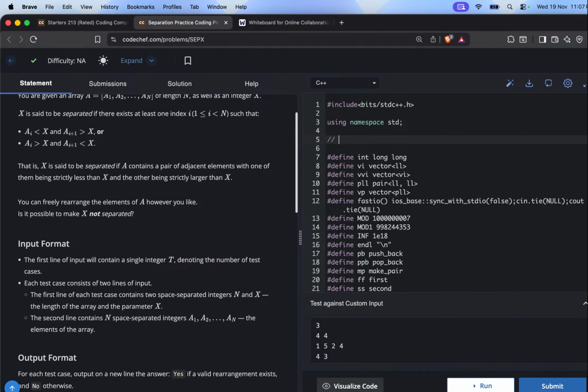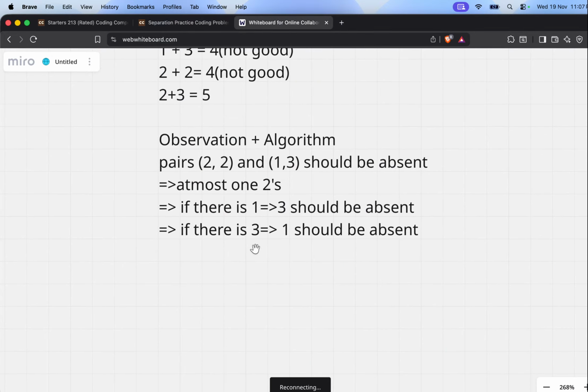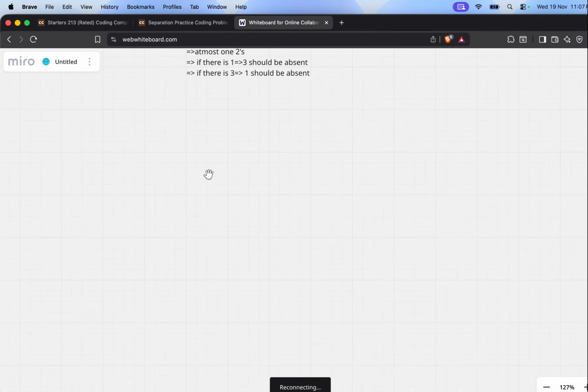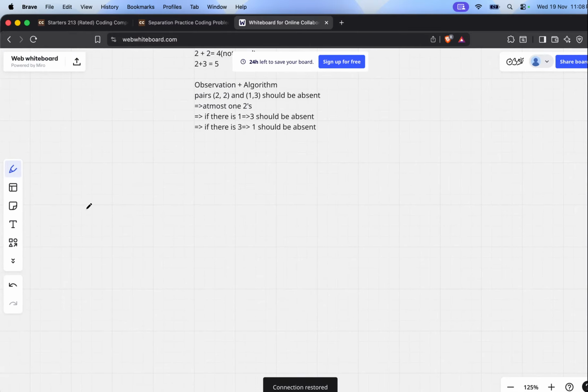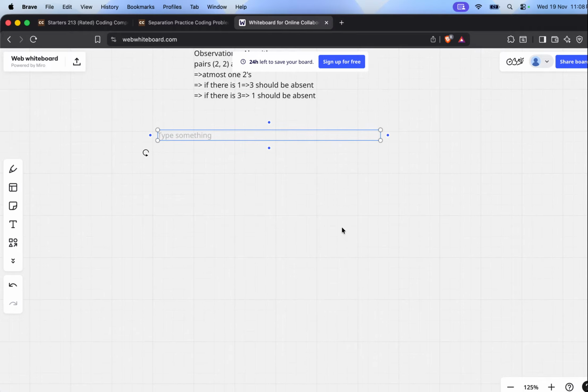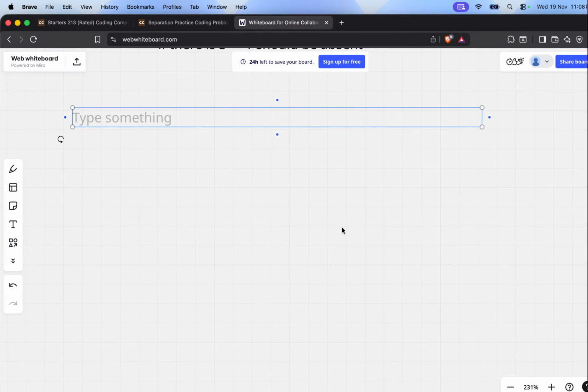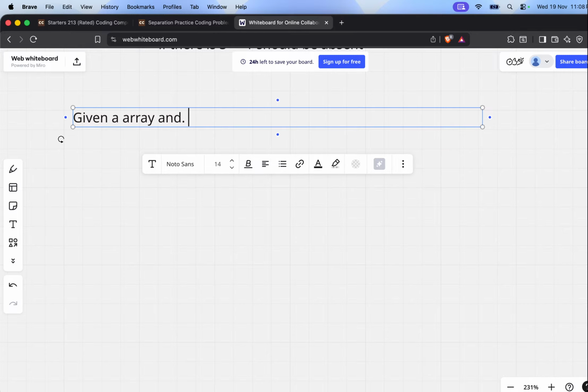So we are given an array and a number x.